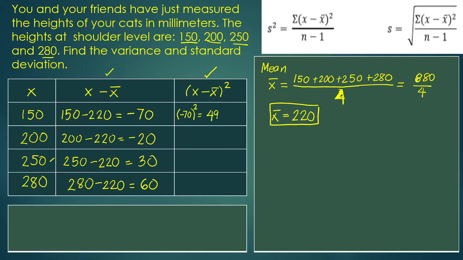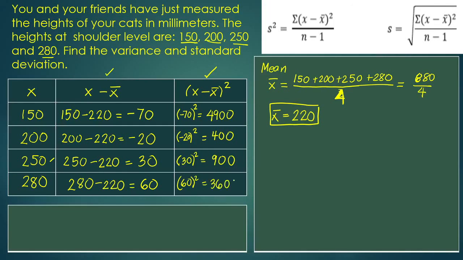Okay. What about negative 20 squared? 400. What about 30 squared? 900. What about 60 squared?